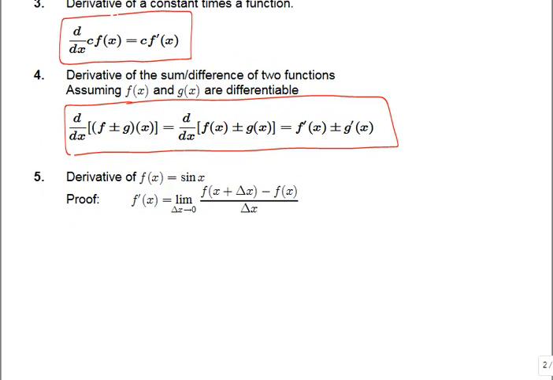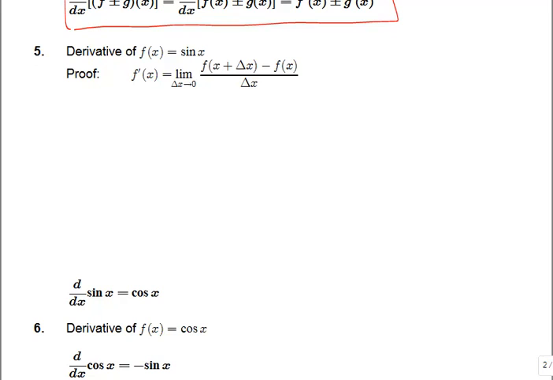Now let's talk about the derivative of a trig function. So let's find the derivative of sine of x. And since we don't know what it is, we're going to have to fall back on our limit definition of the derivative to figure it out. So we need to find the limit as delta x goes to 0 of f of x plus delta x minus f of x all over delta x.